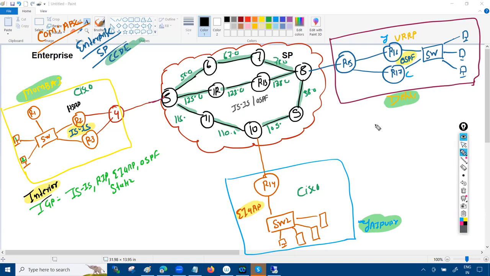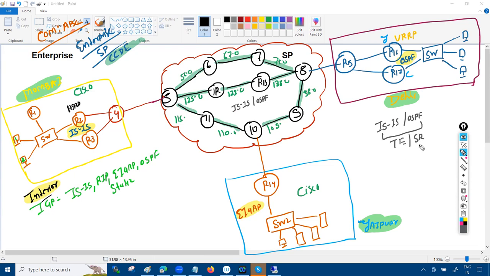So if you're planning to implement traffic engineering in your service provider network, or segment routing, the advanced version of traffic engineering, you have to deploy these two protocols. These two protocols can work with these two technologies.